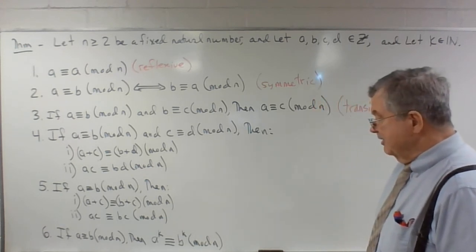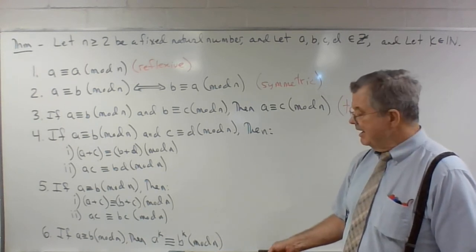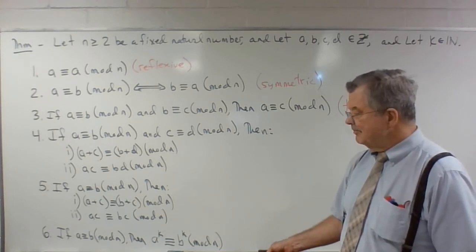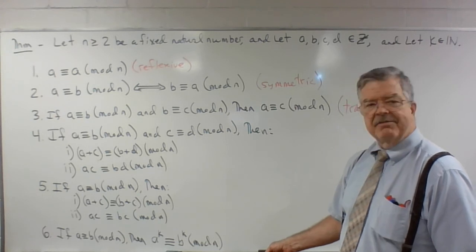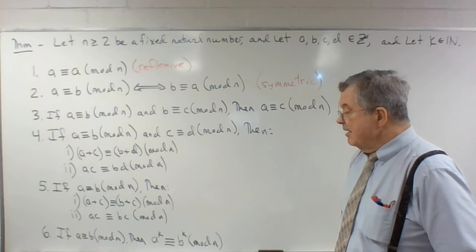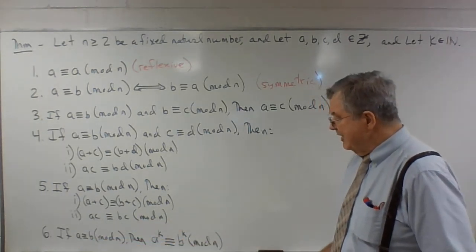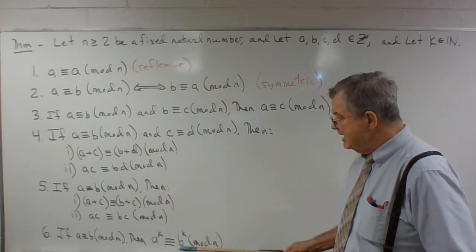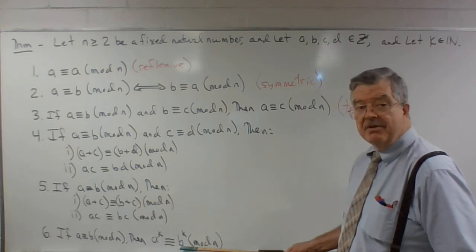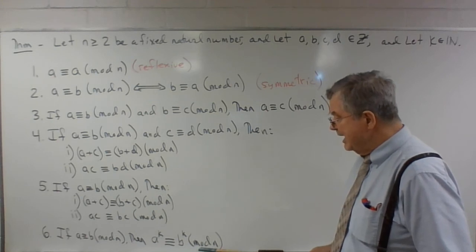And let's see, the last thing, and this is the one that I find absolutely mind-blowing. If I didn't know the math behind it, I would just bet my life that this wasn't true. But if A and B are congruent mod n, then we can raise A and B to the same natural number power, and we're going to get congruence mod n.